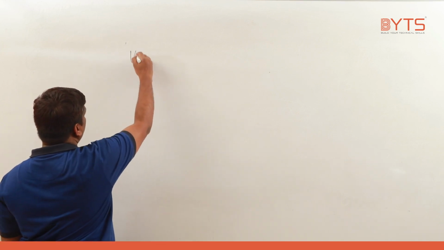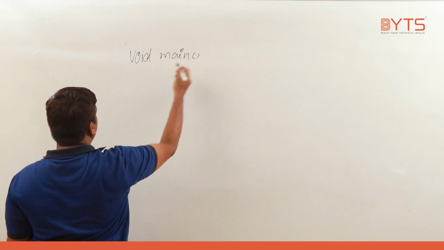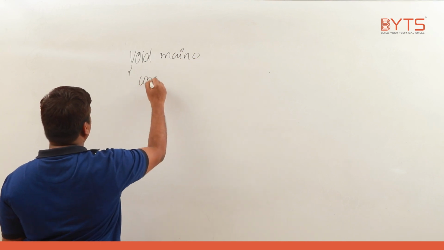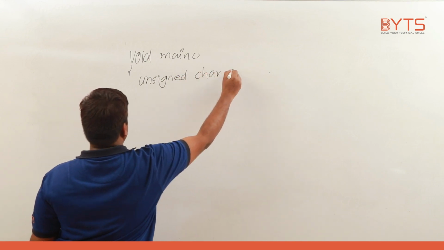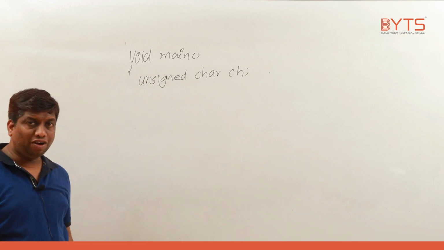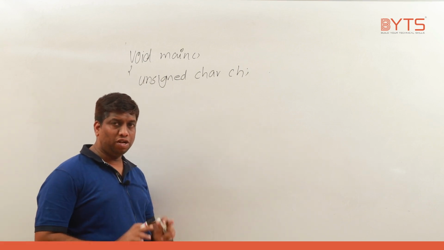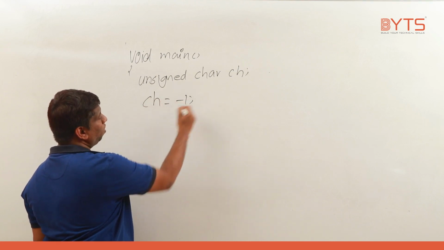See here, void main. Let me take unsigned char ch. What is the meaning of this statement? ch is a variable of unsigned char. Now I am writing ch is equal to minus 1.